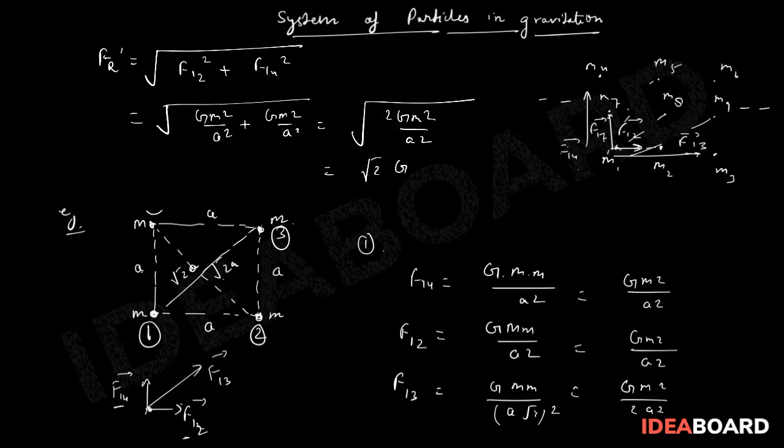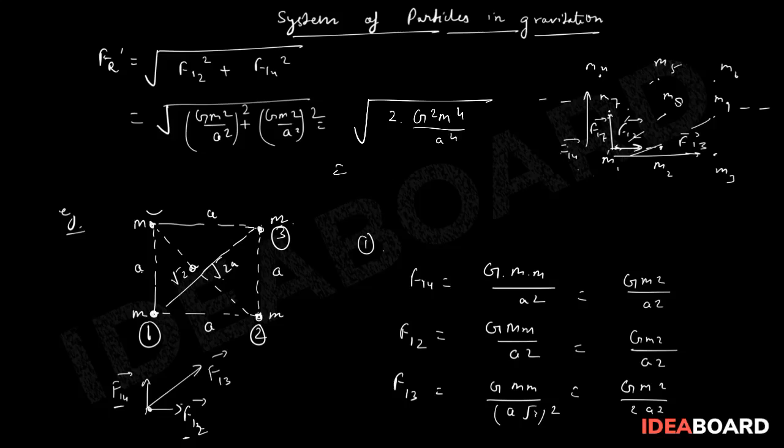I forgot to square also, there is a square. So this is simply twice of G square m to the power 4 upon a to the power 4. If you take the square root, this will be root 2 G m square upon a square. So this is going to be the F resultant dash.